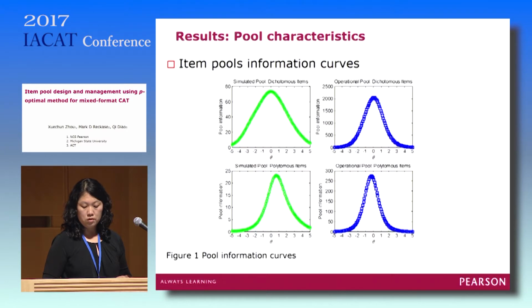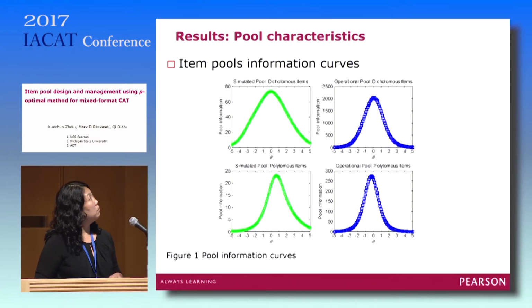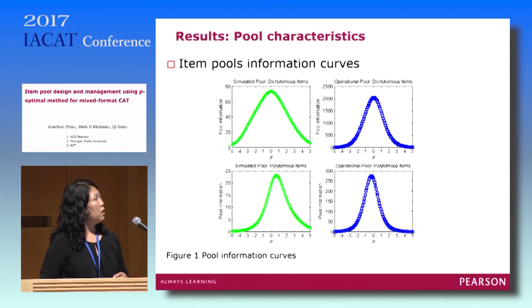And these are the item pool information curves. The green ones are for the simulated pool, and the other ones are for the operational pool. The first row of panels is for the dichotomous items, and the second row is for the polytomous items.